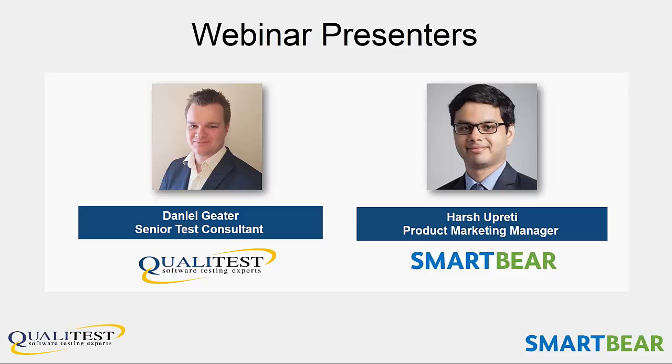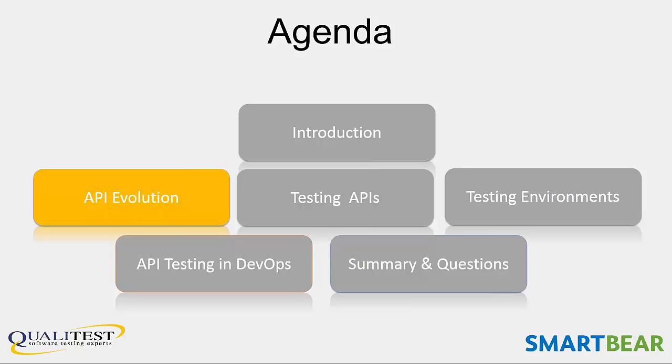Thanks, Sarah. Hello, everybody. Good morning, good afternoon, good evening, depending on wherever you are in the world right now. So today's agenda is going to include a lot of things. We're going to talk about APIs and API testing primarily. We're going to step through this whole process by starting with the evolution of APIs. How did APIs come into being and where are they right now?